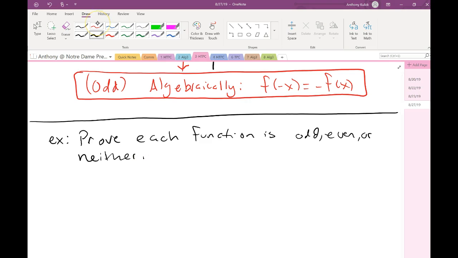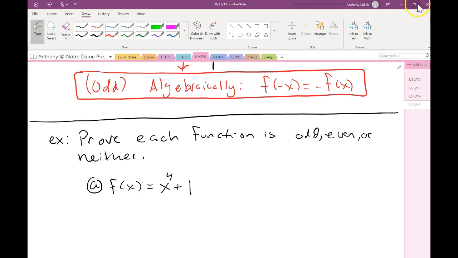My direction here says to prove that each function is odd, even, or neither. So the first one we'll look at is f of x equals x to the fourth plus 1.